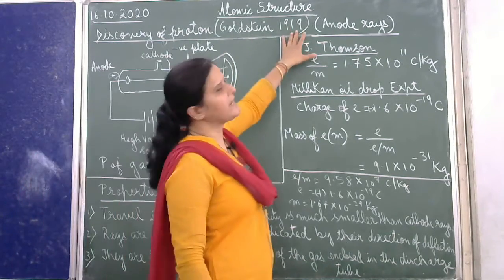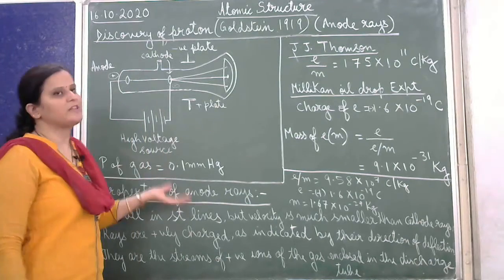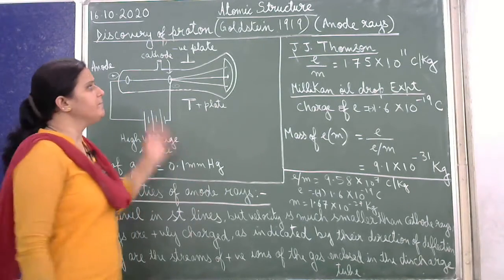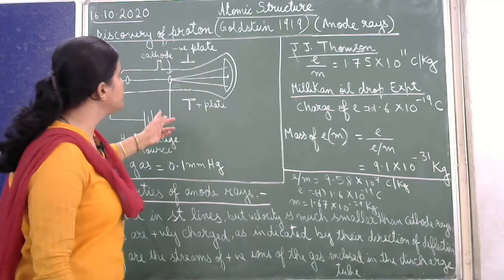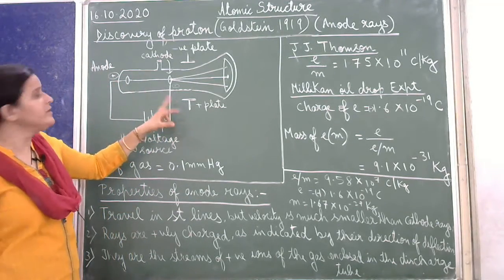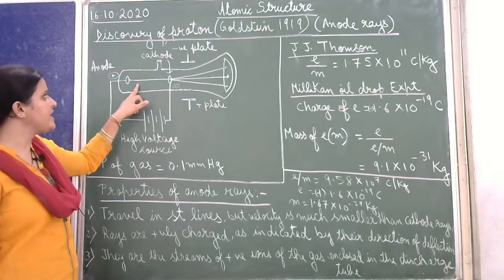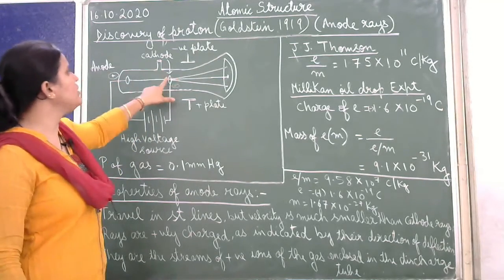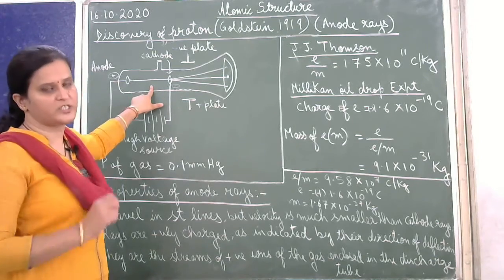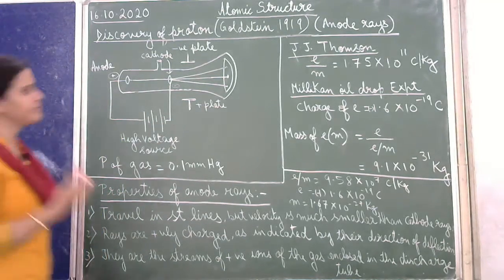He in 1886 modified the same cathode ray tube experiment. But what was his modification? He just changed the positions of the cathode and the anode, and here the cathode will have some perforation, that is, holes. The rest of the setup is the same.